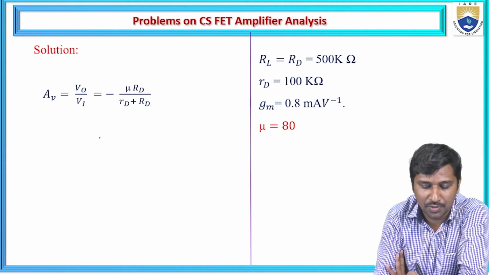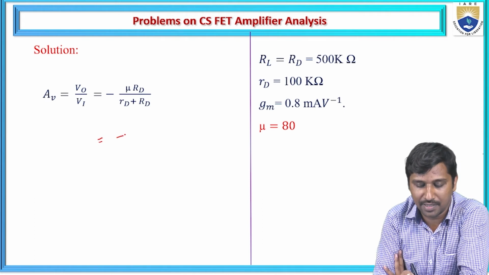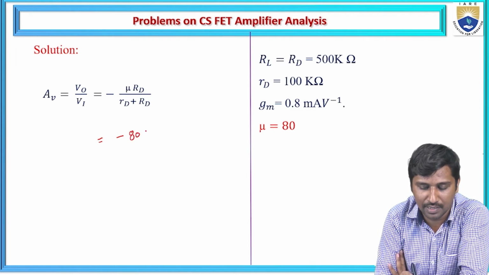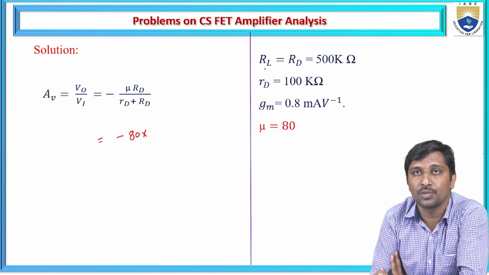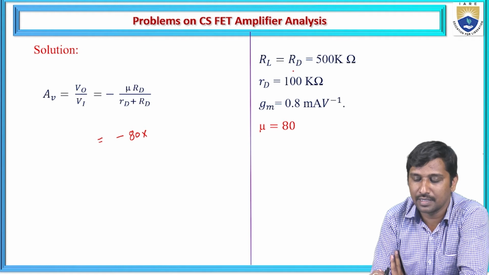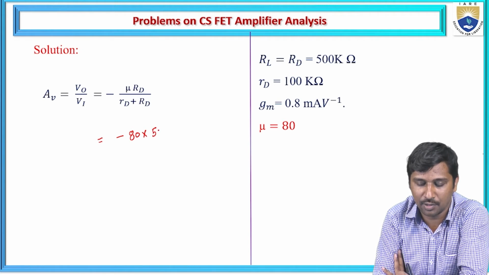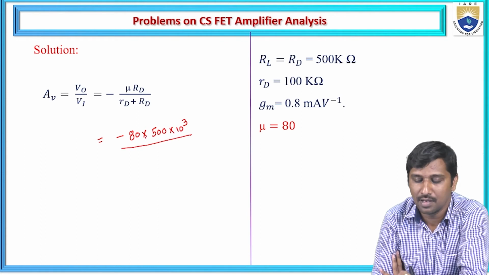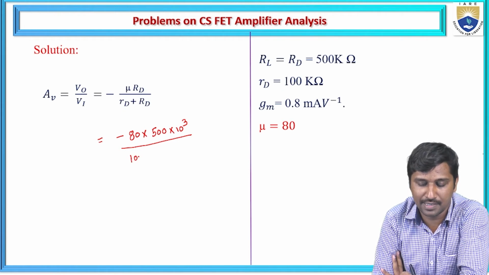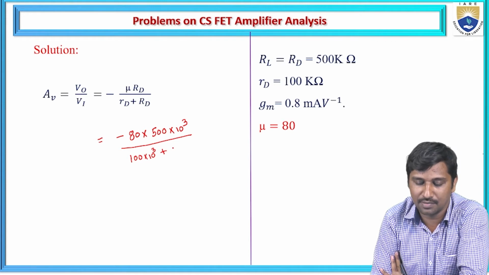Now we substitute the amplification factor, that is 80, times capital RD, which is the load resistance and also acts as the external drain resistance, given as 500 kilo ohms, so 500 into 10 to the power of 3, divided by small rd, the internal or AC drain resistance of 100 kilo ohms, plus capital RD of 500 into 10 to the power of 3.